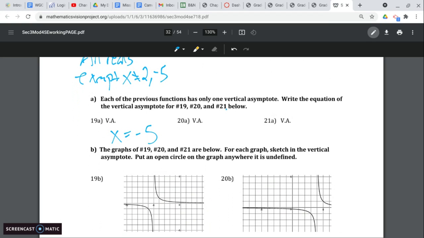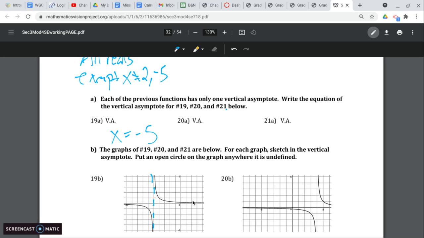All right, the graphs of 19, 20, and 21 are below. For each graph, sketch the vertical asymptote. Put an open circle on the graph anywhere it is undefined. So our vertical asymptote for 19 will be right along this line. Our open circle, where it will not exist, is over at positive 2 over here.